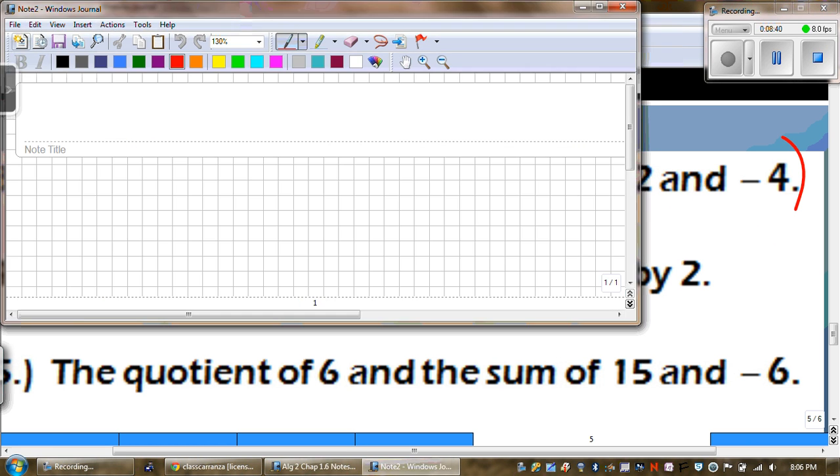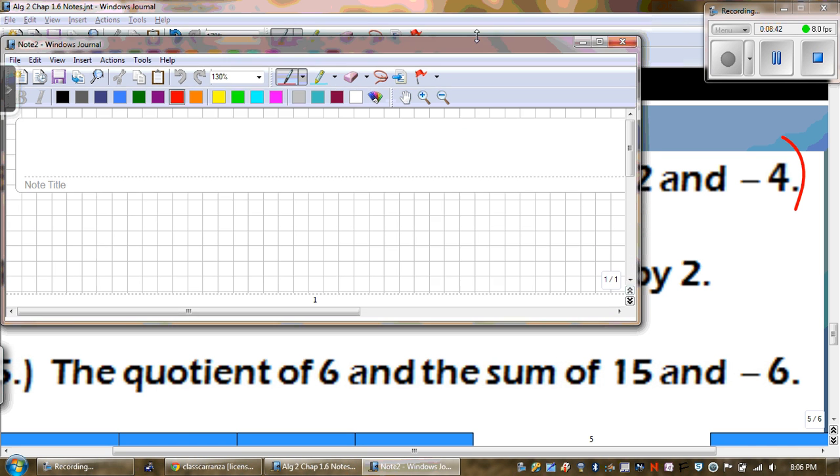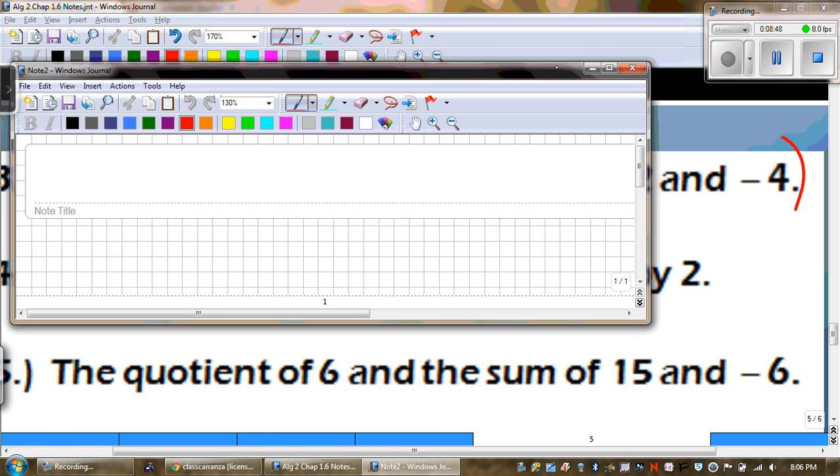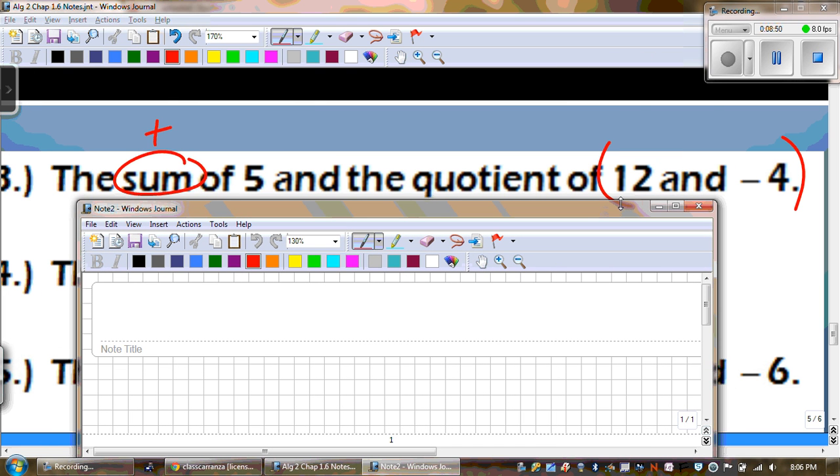So let me move this. There we go. So we are adding 5, but before we do that, we need to do 12 divided by -4. So that gives us -3. So 5 plus -3 gives us 2.